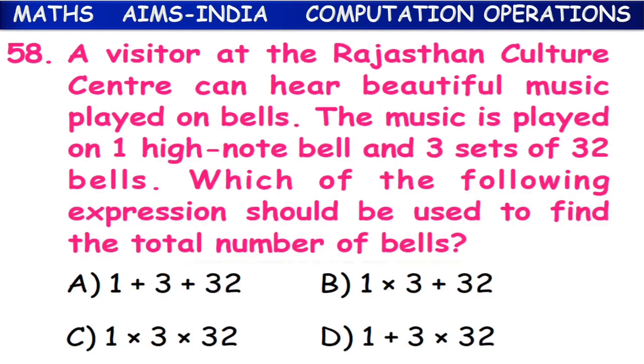The last question for today, children. Question 58. A visitor at the Rajasthan culture fair hears beautiful music played on bells. The music is played on one high note bell and 3 sets of 32 bells. Which one of the following expressions should be used to find the total number of bells?